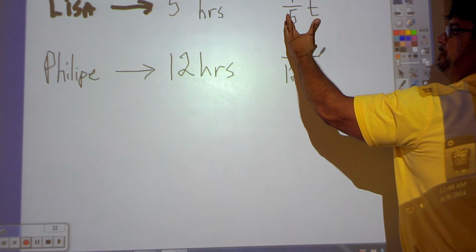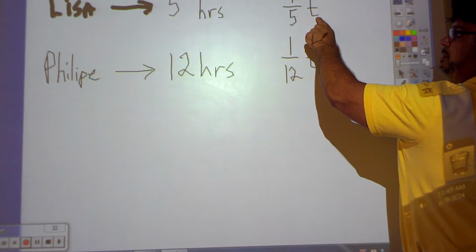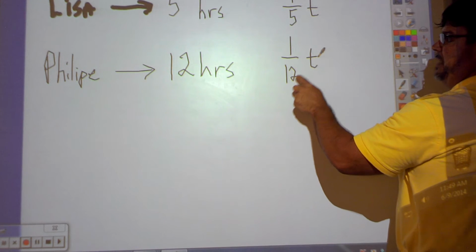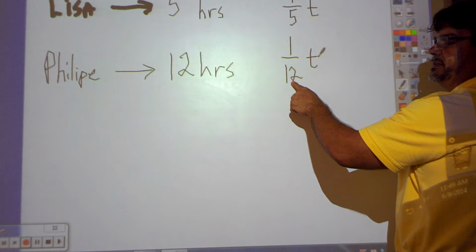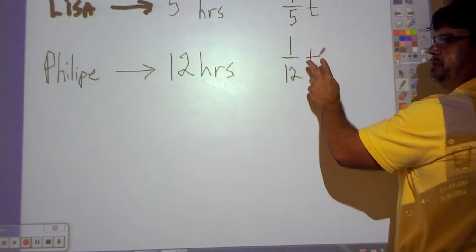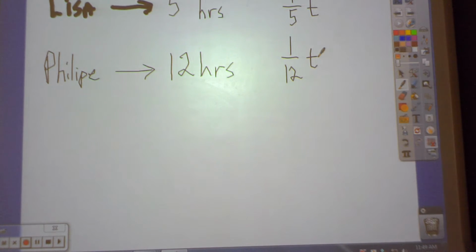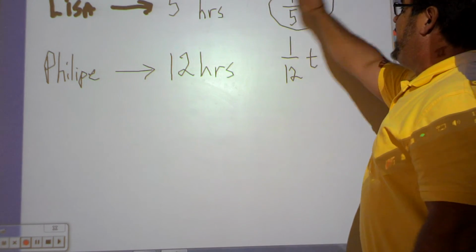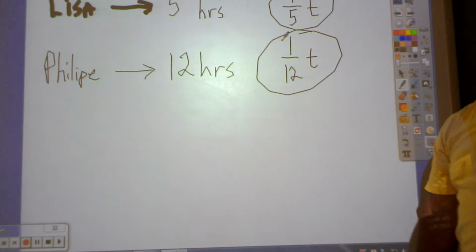So she gets the whole job done in 5 hours. 12 times 1/12 is what? He gets the whole job done in 12 hours. That's how you come up with that. So whenever you do a work problem, and they got 2 people that do it in so many hours, you're going to automatically do this right here.